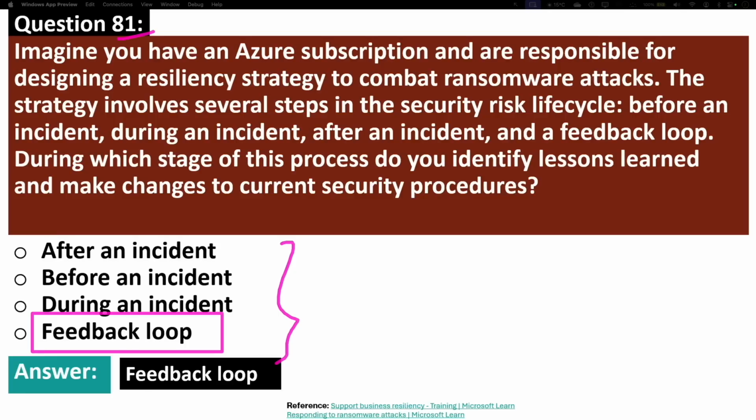Essentially, it is a continuous process of learning and enhancement aimed at fortifying the organization's security posture. The feedback loop's benefits include enhanced security measures, proactive approach, improved response time, increased resiliency, and compliance.